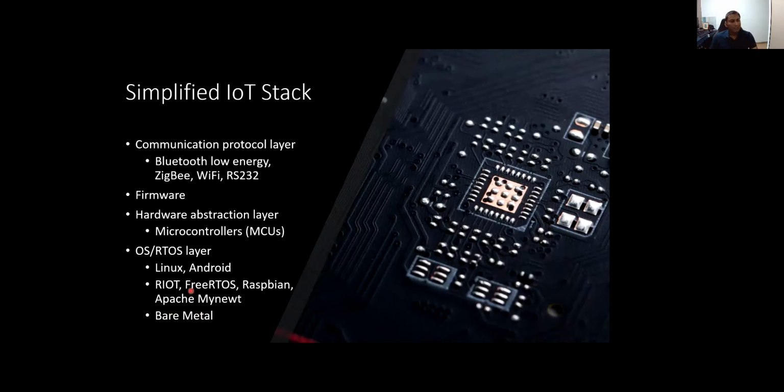So now you would find a lot of IoT devices or microcontrollers which are based on Unix. Then you have some real-time operating systems such as Raspbian, which is used in Raspberry Pis.